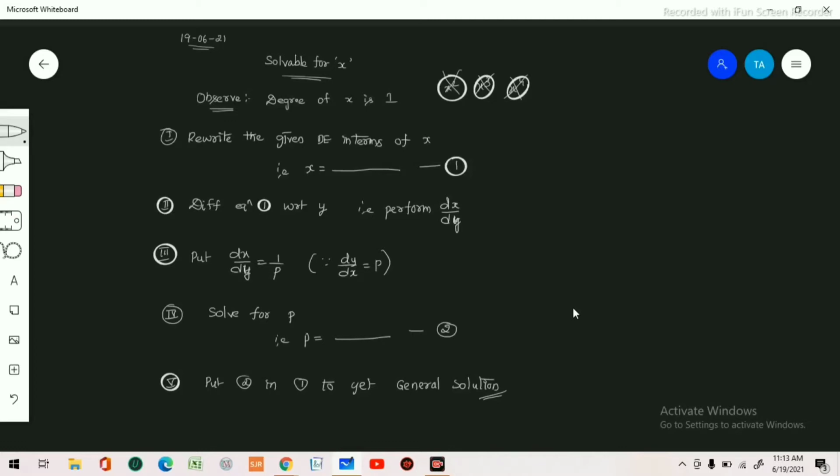Second step, differentiate equation number 1 with respect to y, that means find dx by dy. Third step, replace dx by dy with 1 by p. Fourth step, solve for p, that means get the value of p, and call that equation number 2. The final step is to put 2 in 1 to get the general solution.